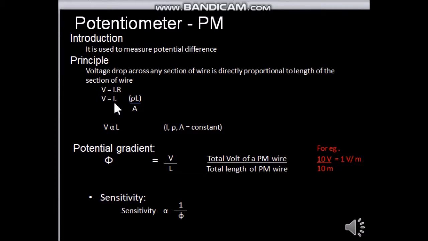The detailed circuit we are going to discuss just now. So I is the constant current, rho is the material of the wire. Rho denotes the material, that is also constant, and A means the area of cross section of the wire, that is also constant. So since I, rho and A are constant, we can write V proportional to L.